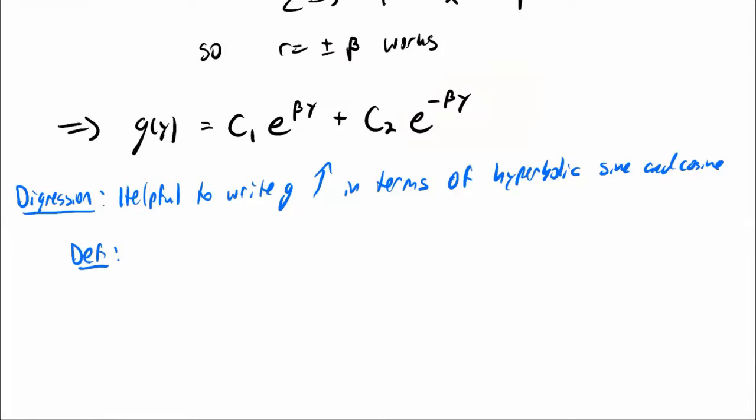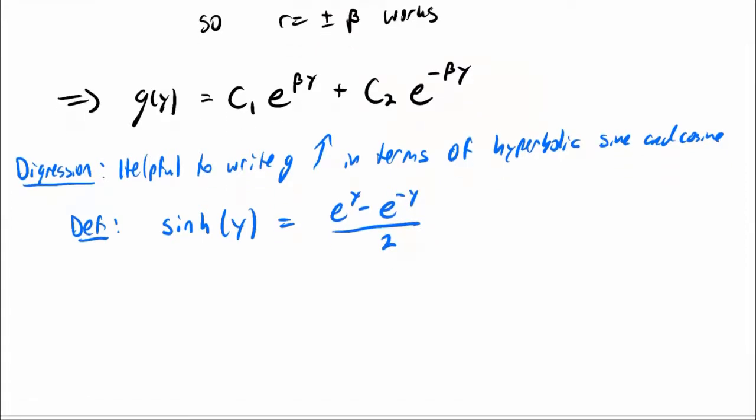So the hyperbolic sine, which is denoted sine with an h, I think sometimes it's pronounced sinh. Right, so hyperbolic sine of y is given by e to the y minus e to the minus y over 2. And the hyperbolic cosine, which is sometimes pronounced cosh of y, is given by e to the y plus e to the minus y over 2.